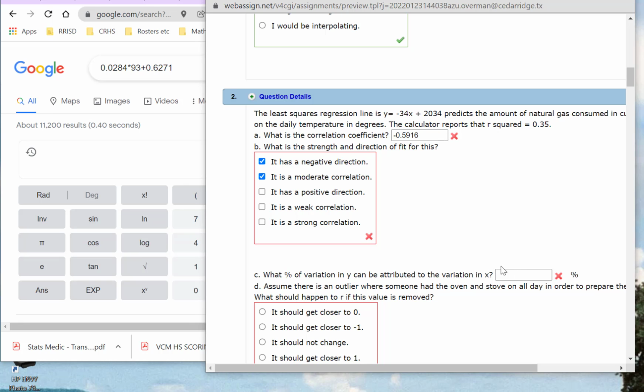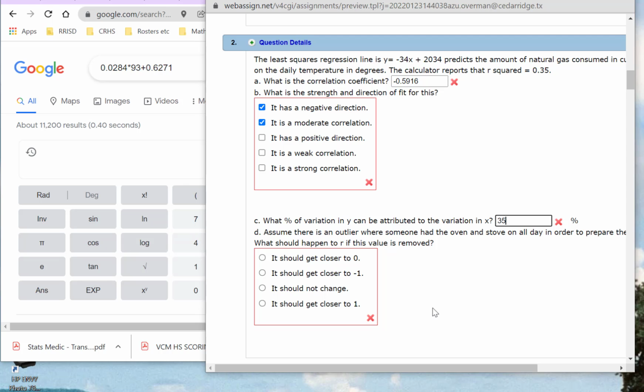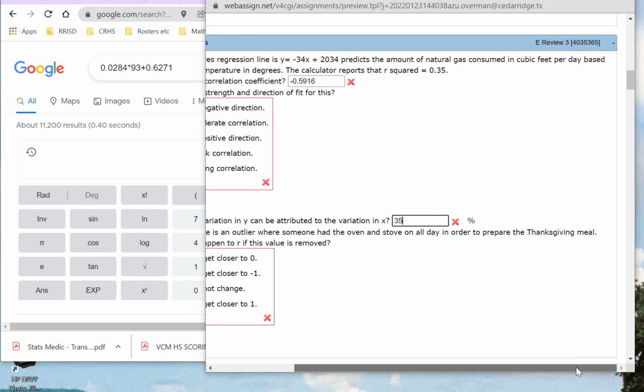So what percent of the variation in y can be attributed to the variation in x? By the way, that's the difference between an AP class and a regular stats class. I almost never use x and y. I usually use the actual words, so I would say the variation in the amount of gas consumed instead of x or y. Assume there's an outlier where someone had the oven and stove on all day to prepare the Thanksgiving meal.